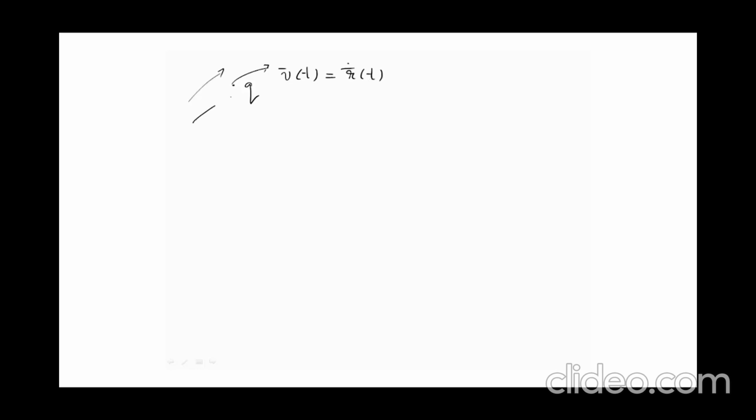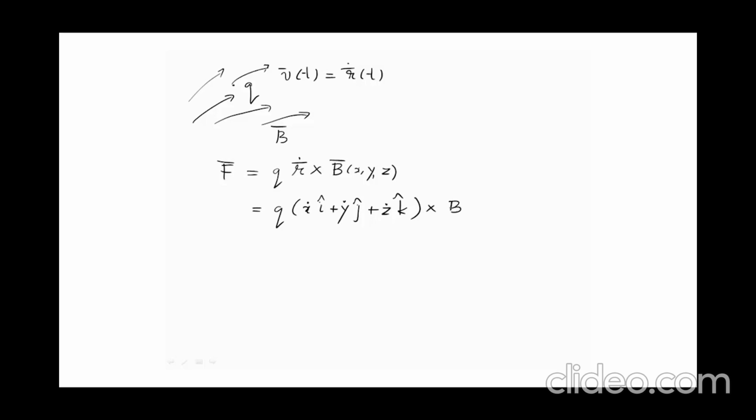If such a particle were moving in a magnetic field B, the force acting on it is going to be given by q r dot crossed with B of x, y, z. You can write this as q times x dot i cap plus y dot j cap plus z dot k cap crossed with B, which is a function of x, y and z.